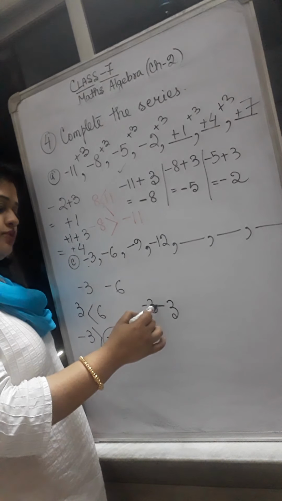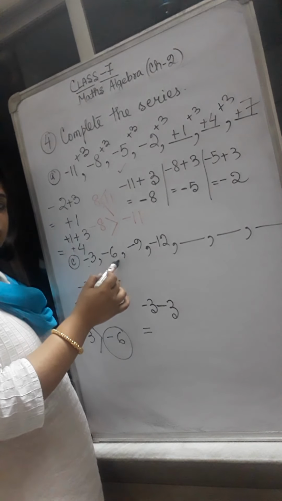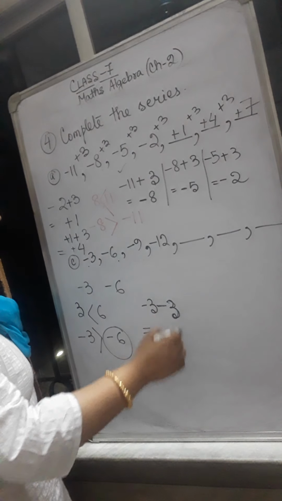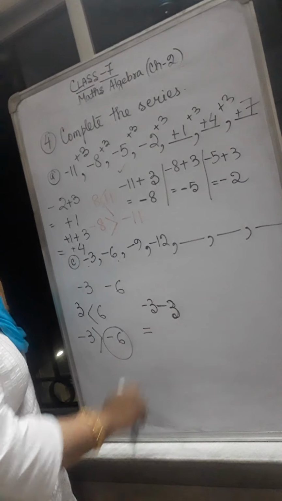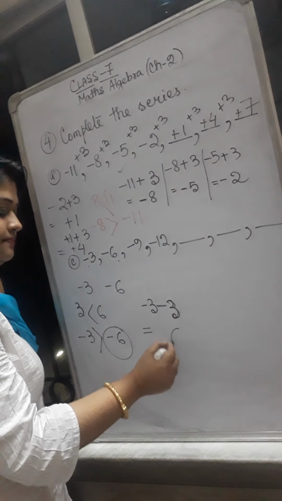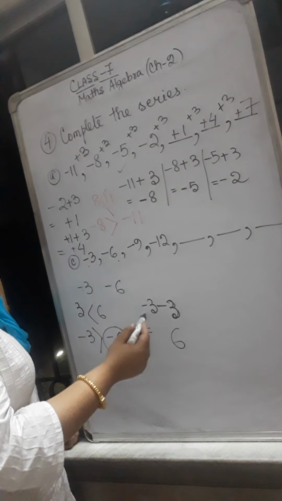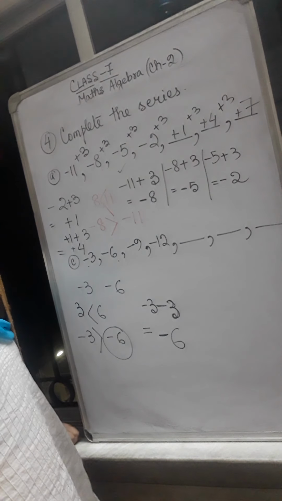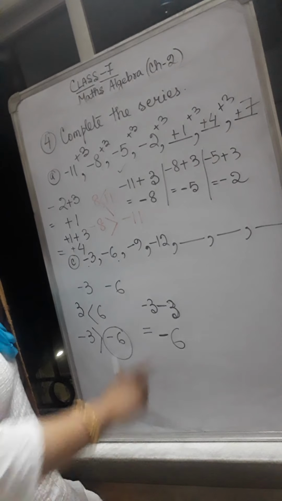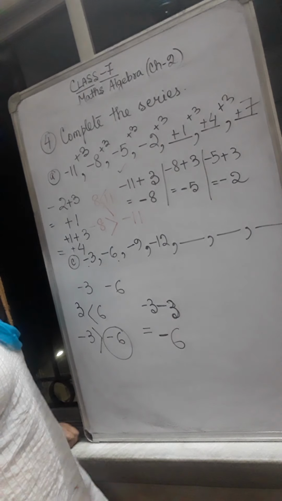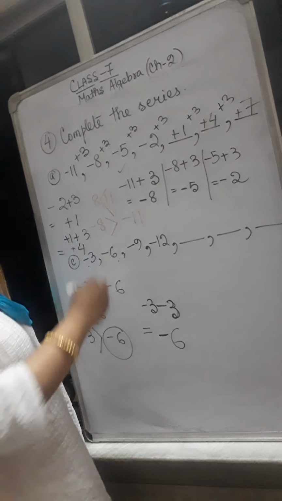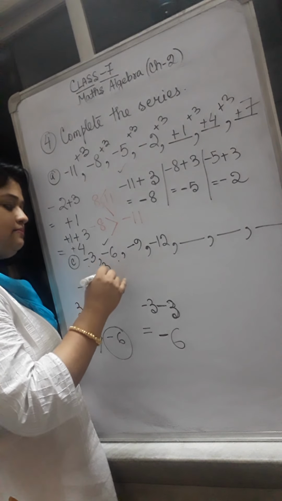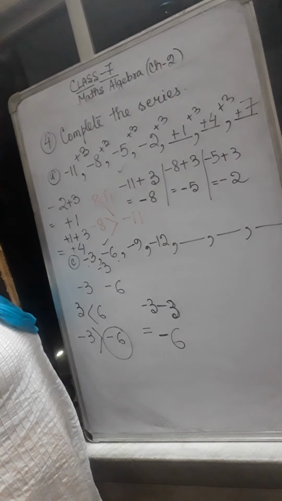We need to subtract something to get the next number which is smaller than minus 3. So I have subtracted 3. Now with the same sign, we add the numbers. And there is no greater or smaller number, so we put the minus sign. When both the numbers have same sign, always put minus sign.